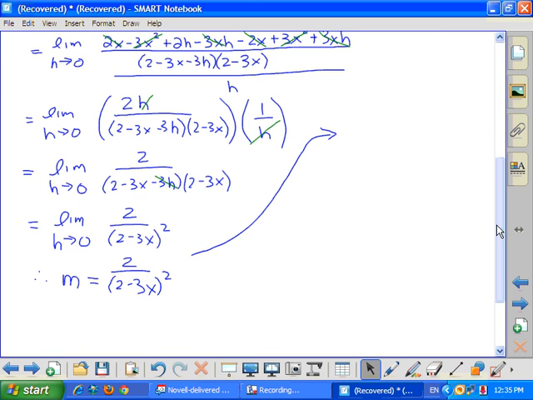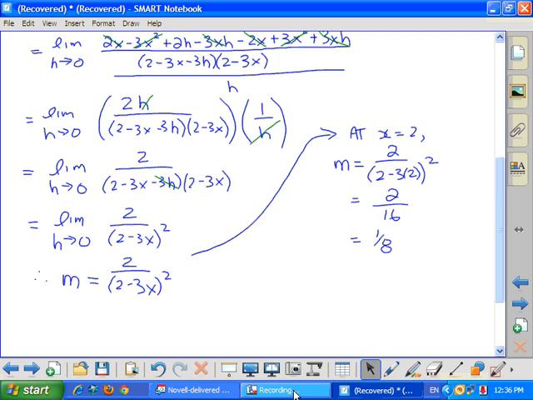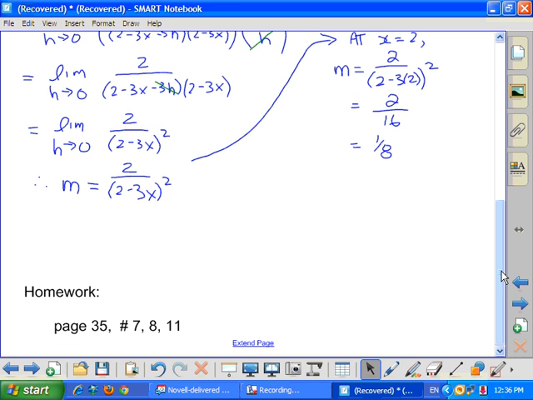Now we want to find the equation of the tangent line at x equals 2. So just finishing this up, at x equals 2, our slope will be 2 over 2 minus 3 times 2, squared. So on the bottom, 2 take away 6 is negative 4, squared is 16. So our slope is 1/8. And for the y-value, we'll have to plug that x value into the original equation. So we're not quite done.